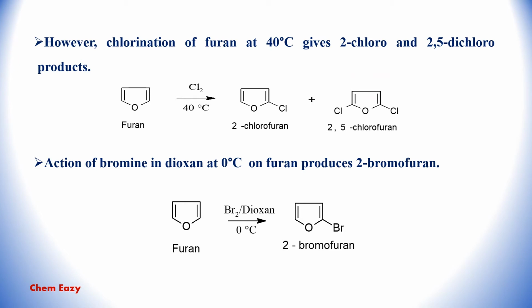However, halogenation of furan is possible directly by maintaining some reaction conditions. For example, furan at 40 degrees Celsius with chlorine produces a mixture of 2-chlorofuran and 2,5-dichlorofuran. In bromination, furan with bromine in dioxane at 0 degrees Celsius can produce 2-bromofuran.